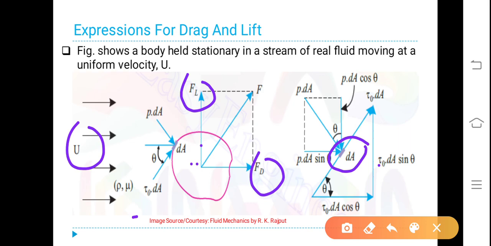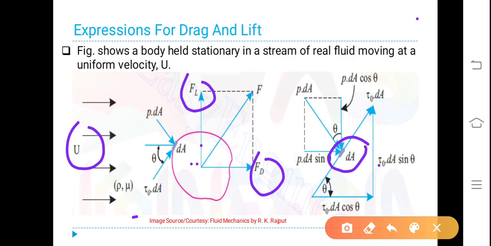The forces we are getting: PdA cos theta is acting downward, whereas shear force is acting upward, that is for the lift component.